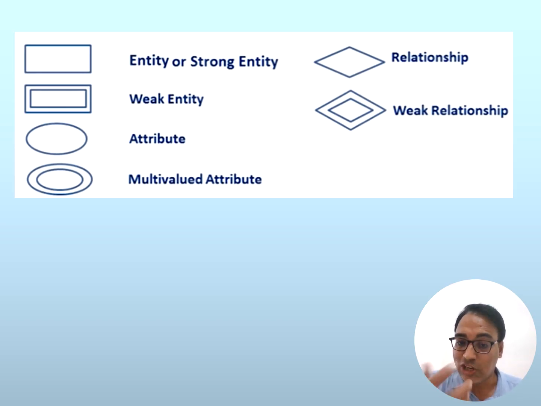Now when I'm putting the attributes, all these attributes within the diagram are represented like this, a single ellipse. But some attributes are normally multi-valued. Multi-valued means, suppose your mobile number or house address; these keep on changing.